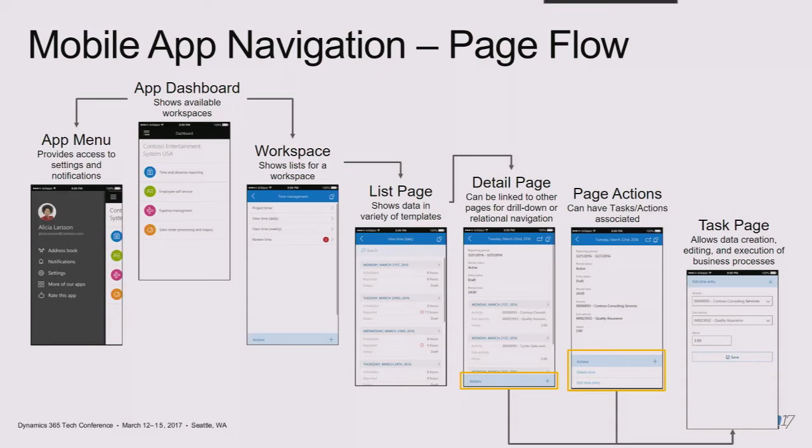From the list, you drill into details. You can see additional information. Header and line is one of the patterns we're supporting in there. And then you can go into actions. In terms of the sequence, when you go through the list and the details, you're really dealing with read-only data at that point. We are architected that way to allow ourselves to pull down data very specifically and get it cached onto the device.